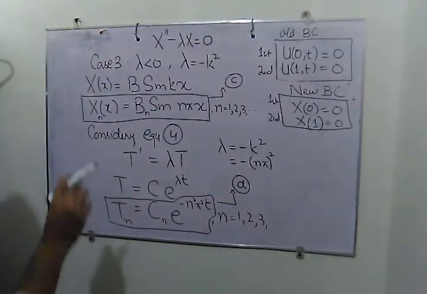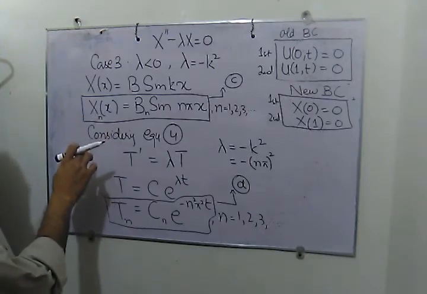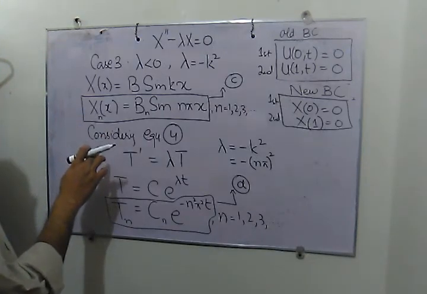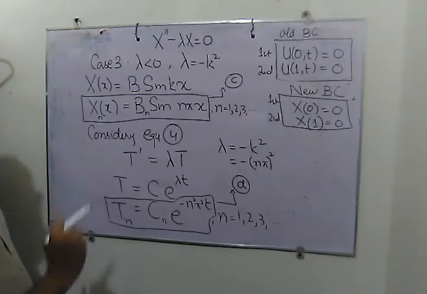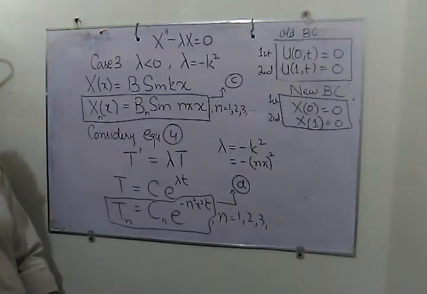Now these were the terms we need to represent equation number 2 as a solution. We can now put C and D in equation number 2 to get our solution.